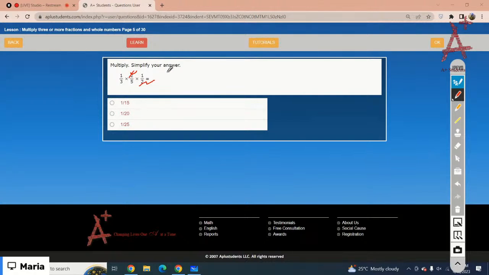You can just multiply now 1, and 5 times 3 is 15. It will be 1 over 15. So the correct option is 1 over 15.